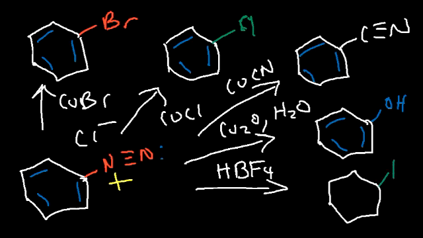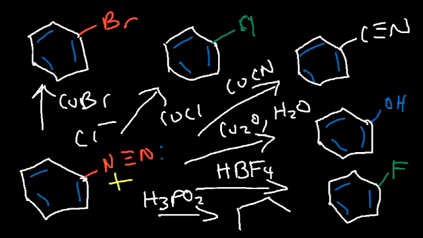And so that's one way you can put a fluorine atom on a benzene ring. And finally, if we add H3PO2, we can replace it with a hydrogen. So this is one useful way in which you can get rid of a nitro group and go back to benzene.